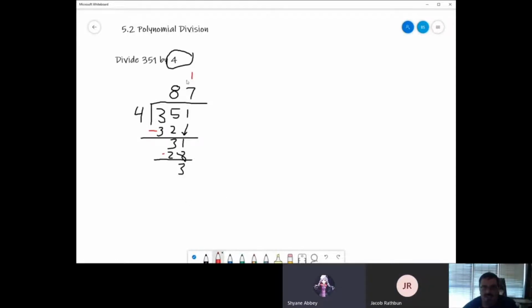Since this 7 is over the last column in our division, that means the last time through, and so this gets to be our remainder. So I can say this is 87 remainder 3. Or more preferred, 87 and I have 3 pieces left over that, divided by 4, are 1/4 in size.